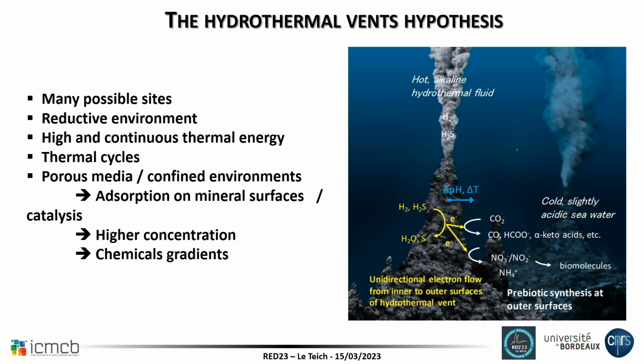And interestingly, those are also places for thermal cycles, meaning that the conditions can vary, I would say not pretty fast, but quite fast, from high to low temperature, meaning that you can activate molecules without degrading them so fast and having them react together.